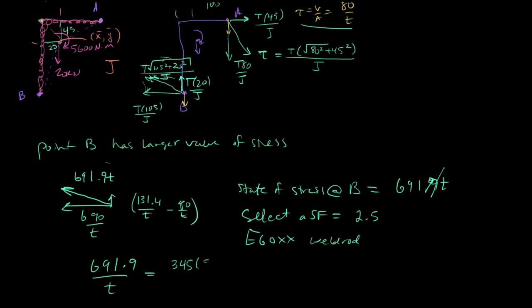Using the distortion energy theory, we calculate 58% of that, and then we divide it by the safety factor. In this case it's 2.5, and then we can solve for T.